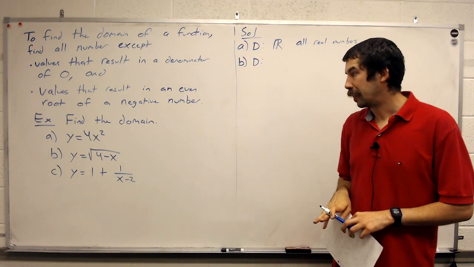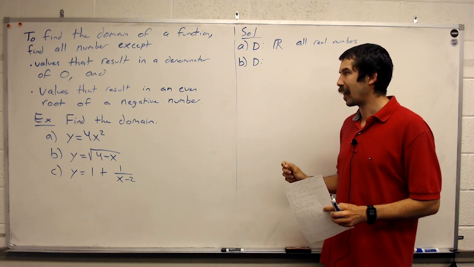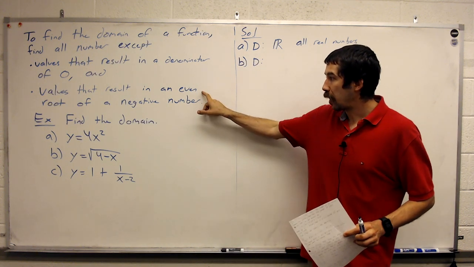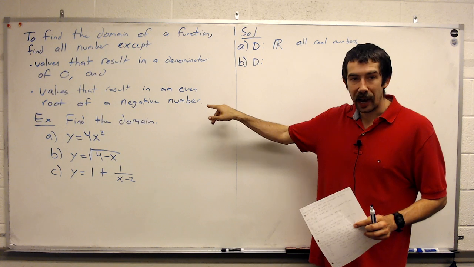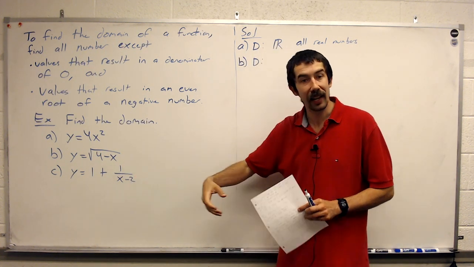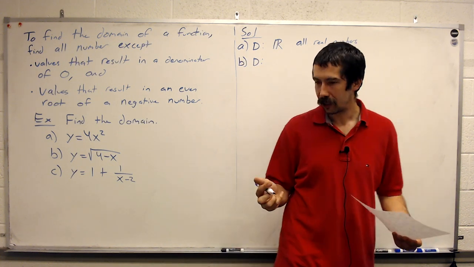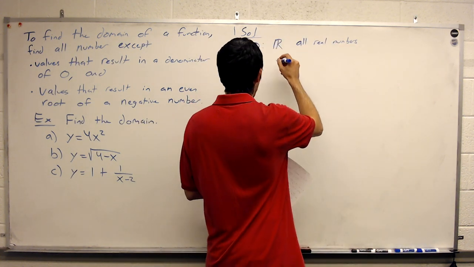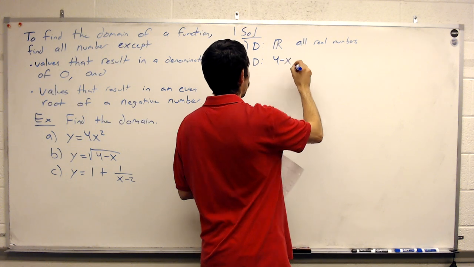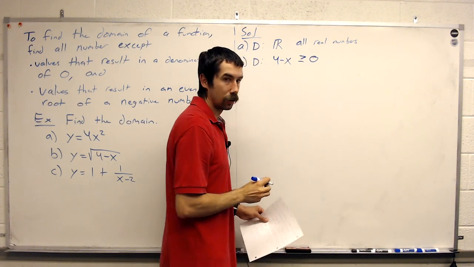All right, for B, our function is the square root of 4 minus x. We cannot take the square root of a negative number, so we're going to take the inside of our square root and say that it's not negative. All right, how do we do that mathematically? We would say 4 minus x, well, is not negative, greater than or equal to 0.